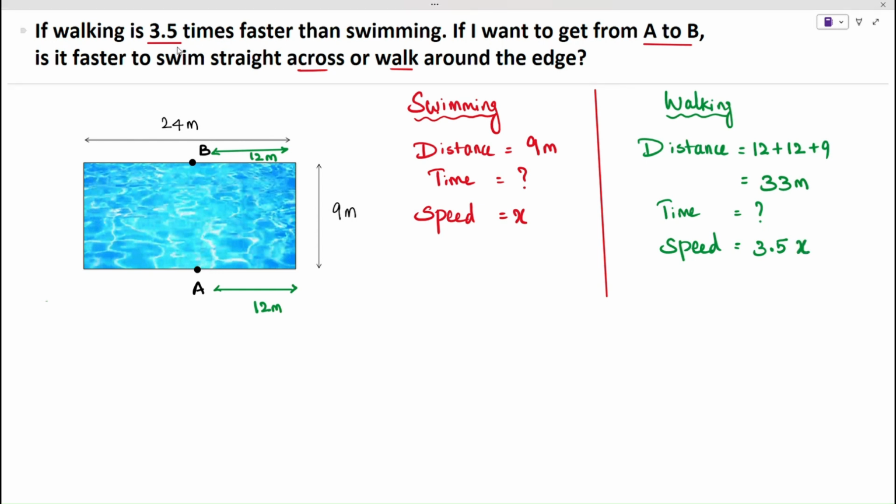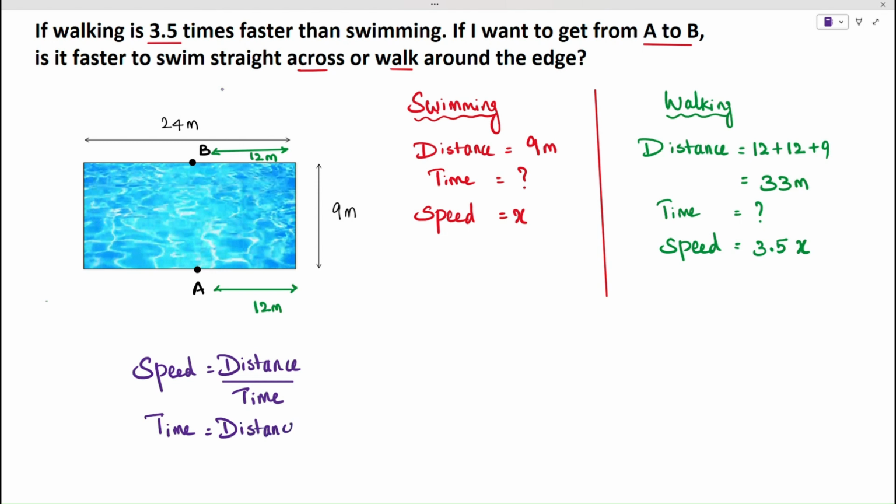Now, we can use our equation, speed equals distance over time. And we can rearrange to get time. So time is equal to distance over speed. Now, let's put swimming and walking and substitute those values into our formula here.